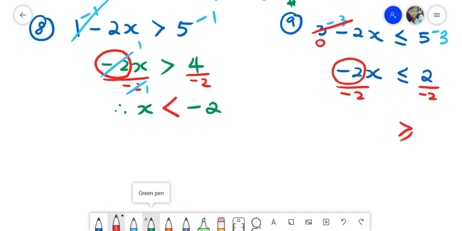If the brother is positive or plus or addition, the brother will be minus. So apply the balance method. You have x equal to negative 1. So that's the overall of basic inequalities.